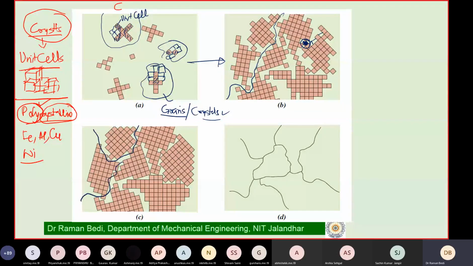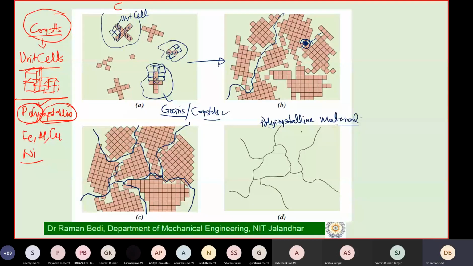The problem now happens to be that all the crystals are having different orientations. That is, grains are having different orientations. And this is what we say is a polycrystalline material.